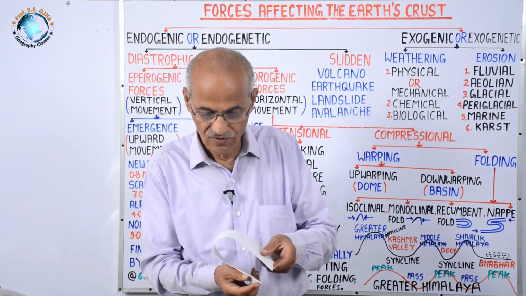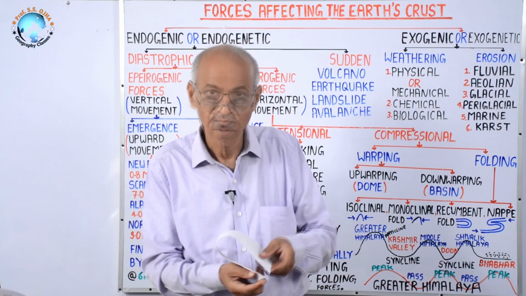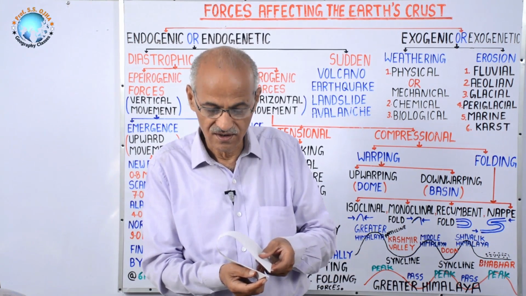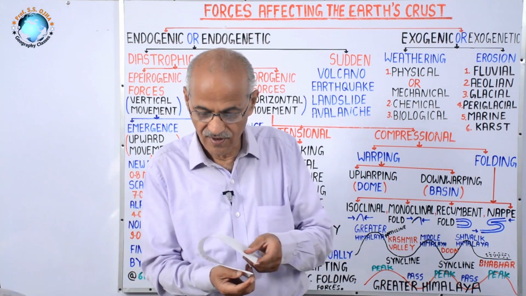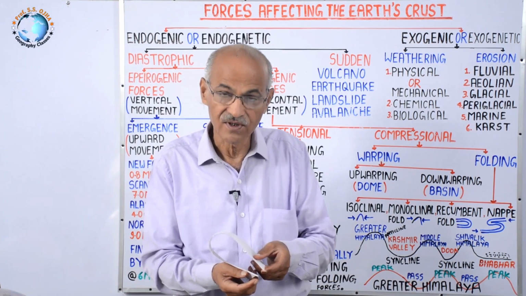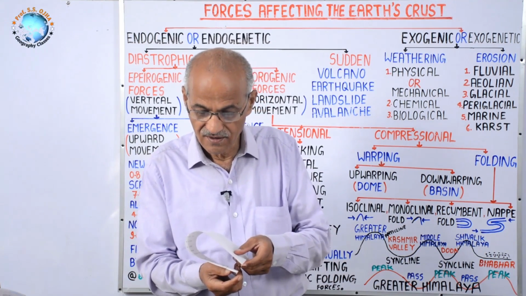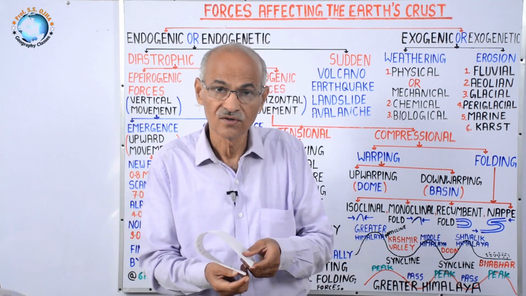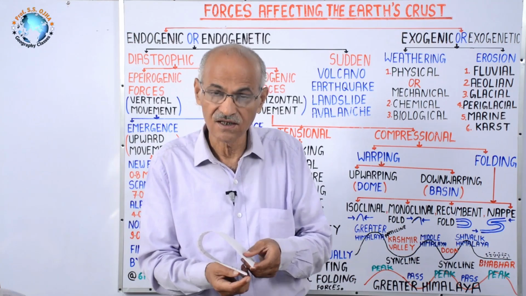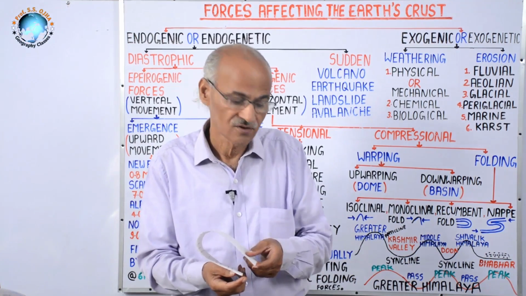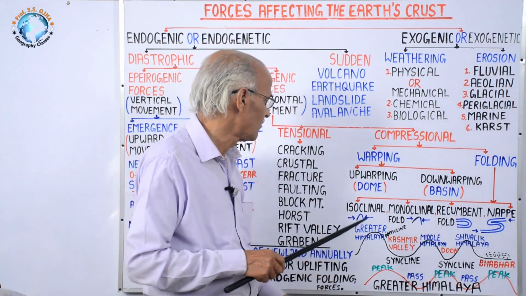But if the force from that side is severe, very much more than required, then that fold will be broken and it will be separated from the main fold and fall in the direction from which force is maximum, and this landscape is called nappe. So these are the things which are developed in folds.